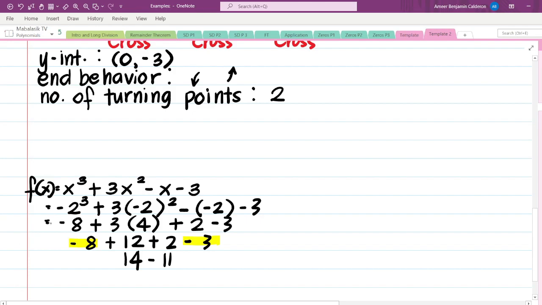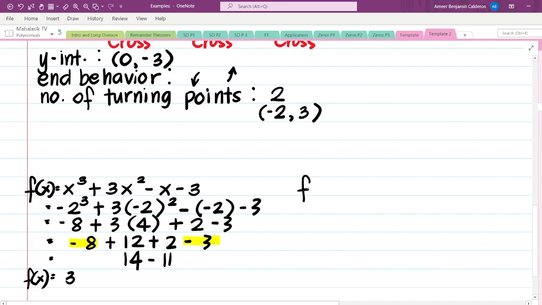So we have 14 minus 11, that is going to be 3. So that's f of x. f of x is 3. That is the y value to an x value of negative 2. Therefore, one of the specific turning points is: the x value is negative 2, the y value is positive 3.